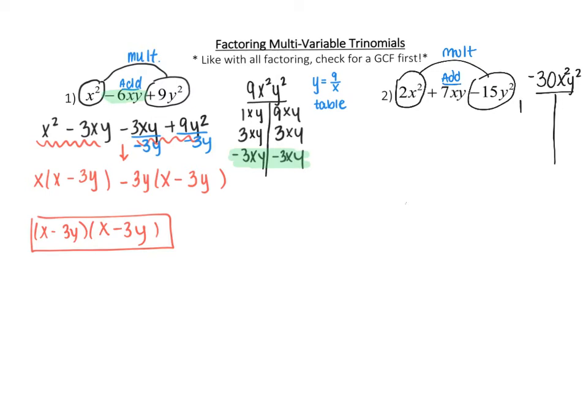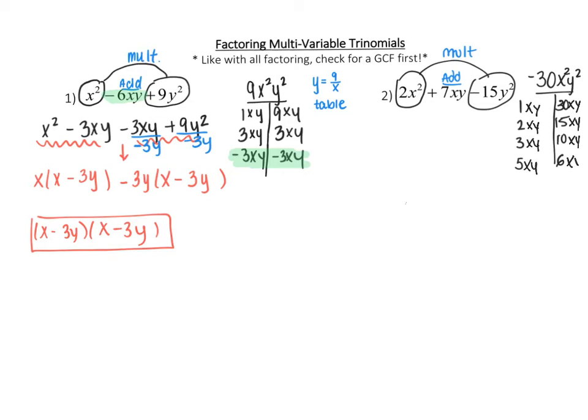I'm just going to write them out. So 1 and 30, 2 and 15, 3 and 10, and 5 and 6. But remember, I need to multiply to an x squared y squared, so I need x times x, and I need y times y. So I can go ahead and add an xy to each one of these.